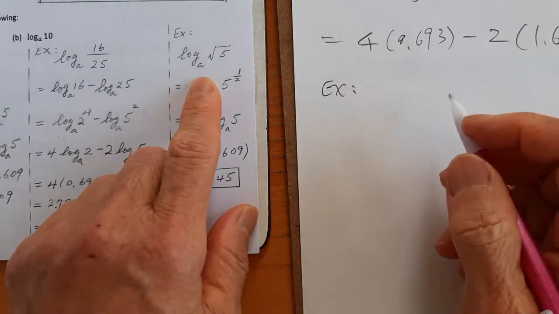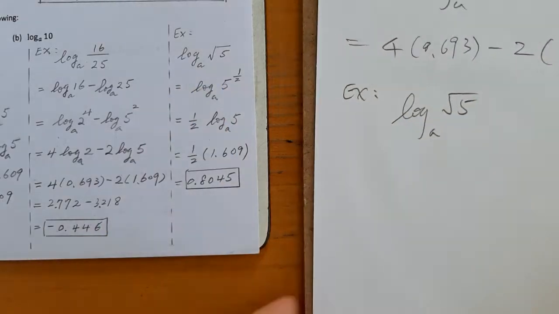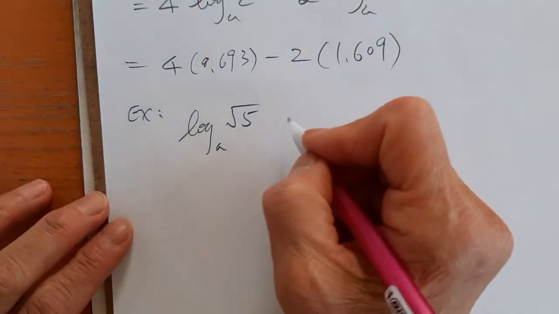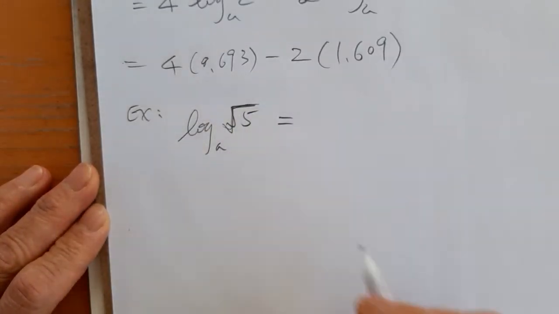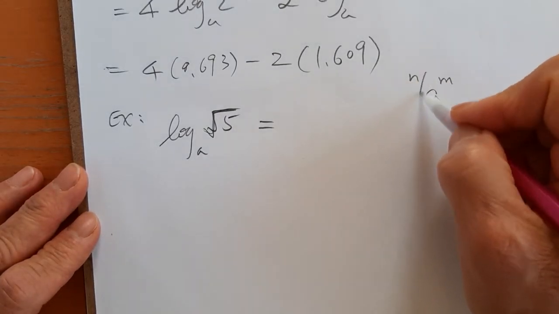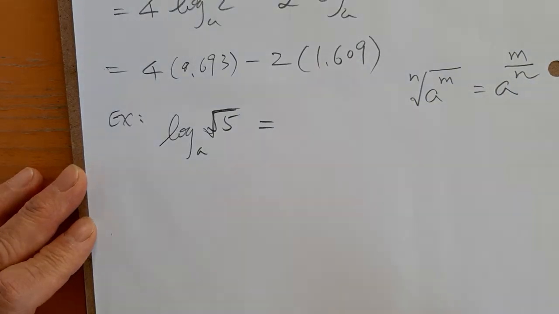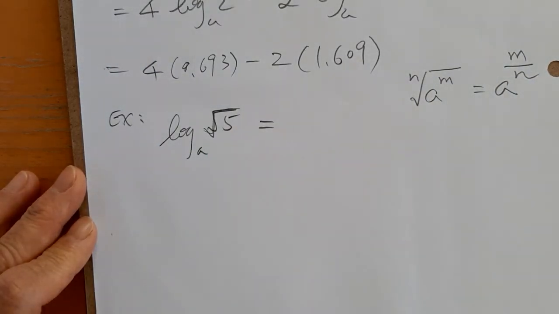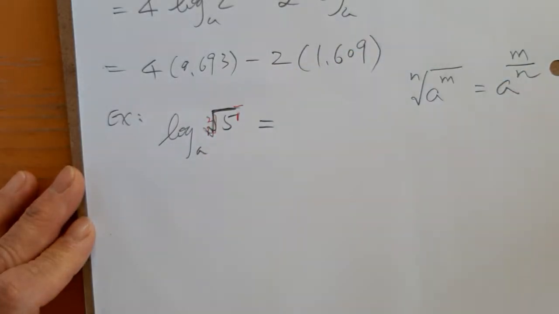Next example is log a of the square root of 5. We can change this from radical form to exponential form. Use the formula: the nth root of a to the power m is equal to a to the power m over n. The 5 means 5 to the power 1, and the square root here means 2.